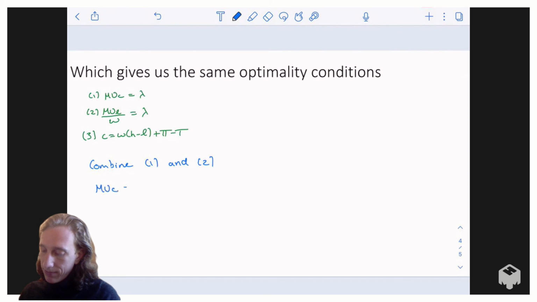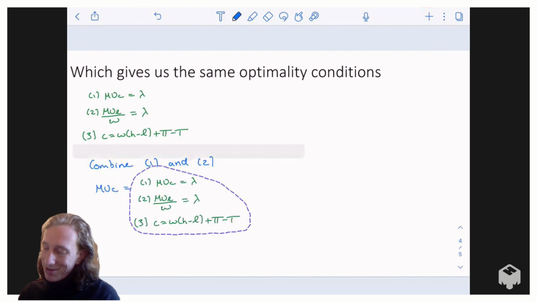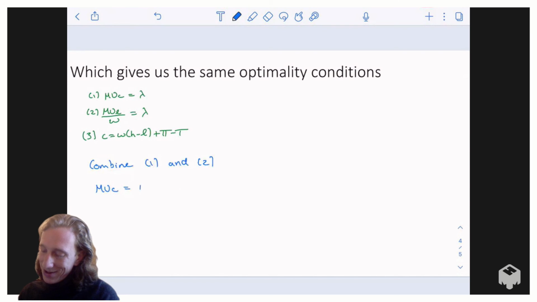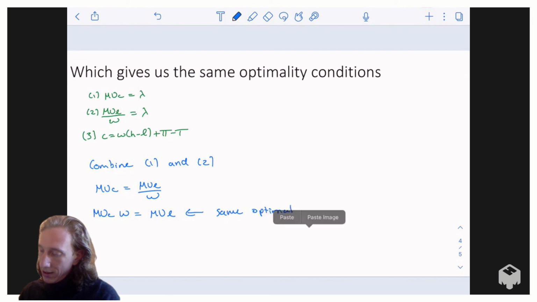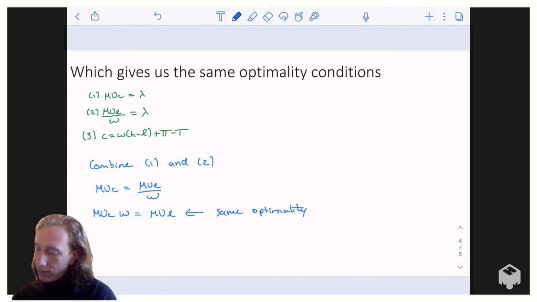Marginal utility of consumption is equal to the marginal utility of leisure divided by the wage, or rearranging, marginal utility of consumption times the wage is equal to the marginal utility of leisure. And remember that this is just our same optimality condition as before.